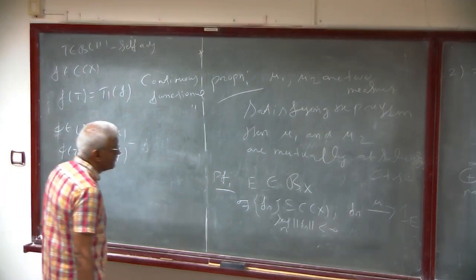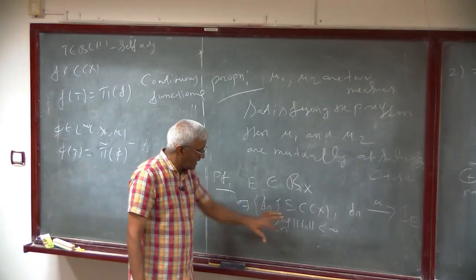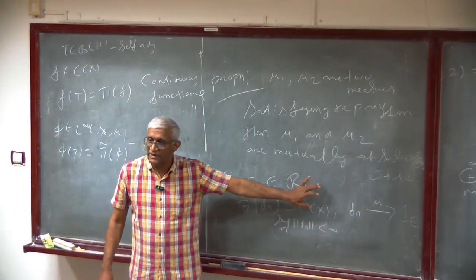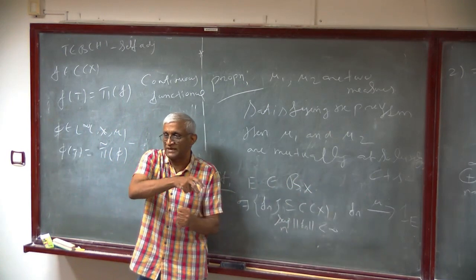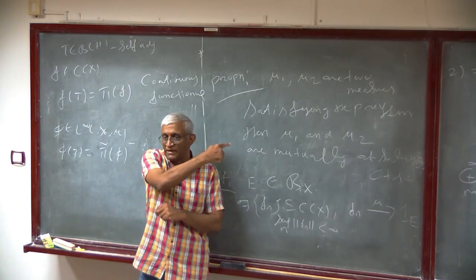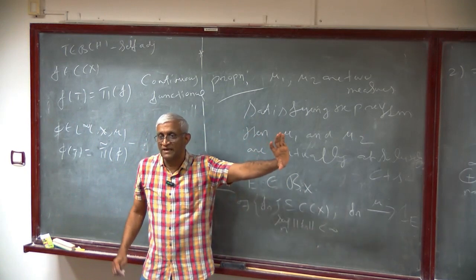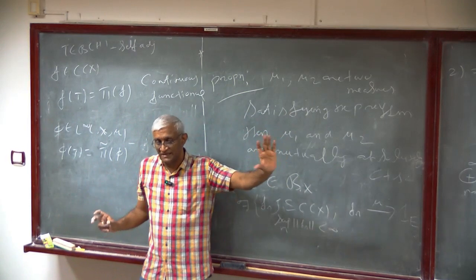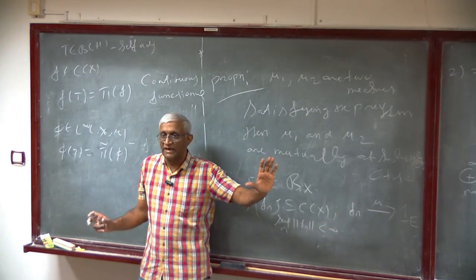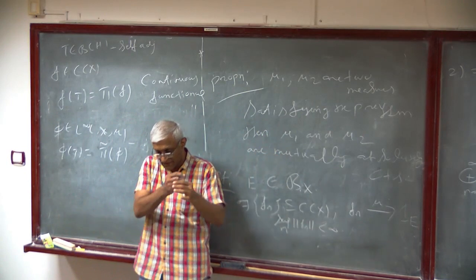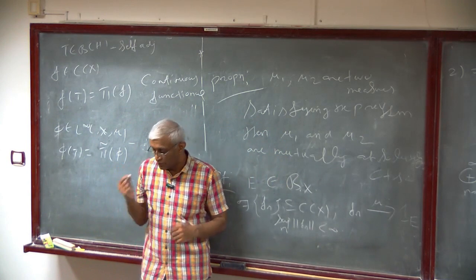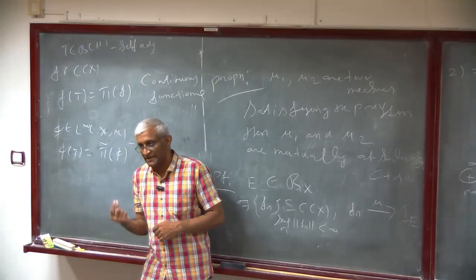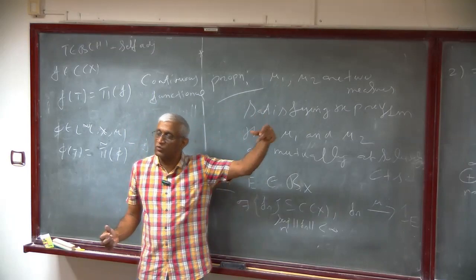If you have a set E contained in B of X, you can approximate it inside by a compact set and outside by an open set. The complement is again a closed set, and you have a compact set inside. These two are disjoint, such that the difference measure is less than epsilon. Now you take a function which takes the value 1 on the inside set and the value 0 outside that open set.